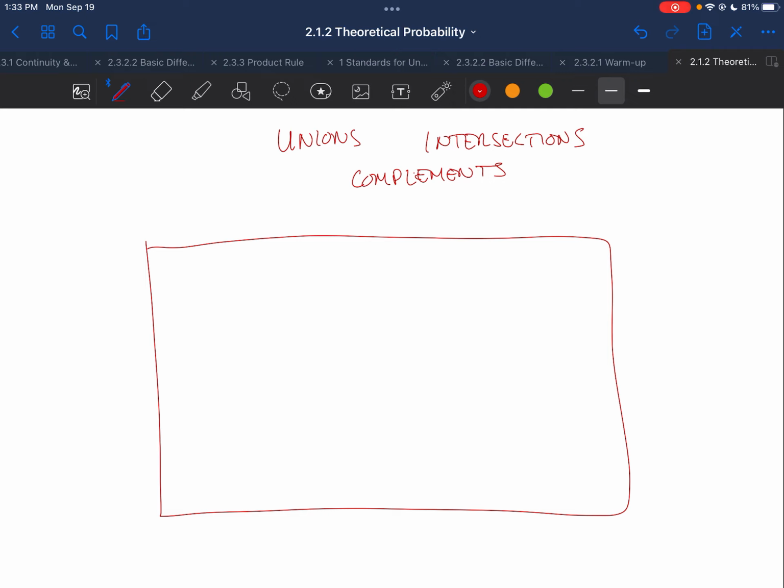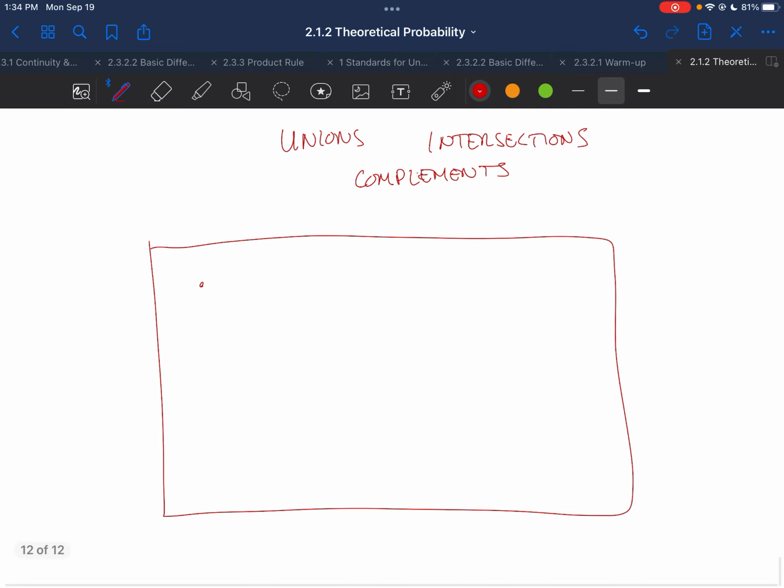So let's say this sample space is a die toss. This is all the ways that we can roll a die and the outcomes that can occur.